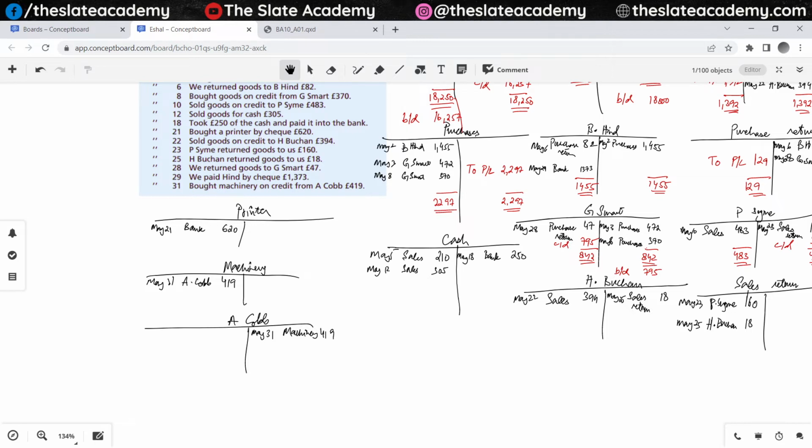Acha ji, let's do it for cash now. It would be 210 plus 305. Here is cash, here is cash. Acha, 210, 305, 1523, 515. Did I do it right? 515. 265.